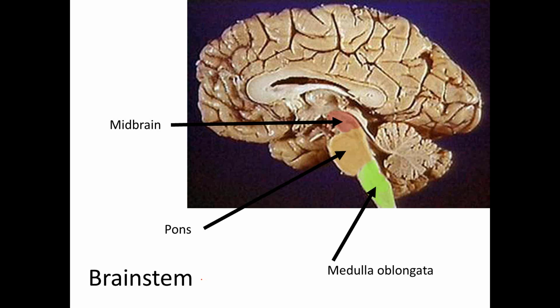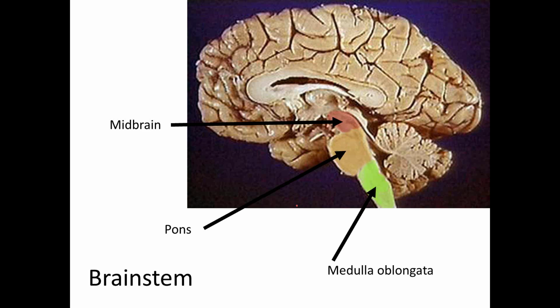The reason why death is classified through lack of activity in this region is because it's where all the major survival parts of the body are, controlling cardiac and respiratory function, consciousness, all of those things. And starting from the bottom, we have three areas: the medulla oblongata, or the medulla, the middle region of the pons, and the top bit of the midbrain. Okay, so that's the brain stem.